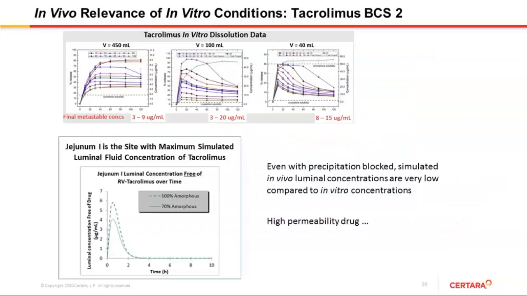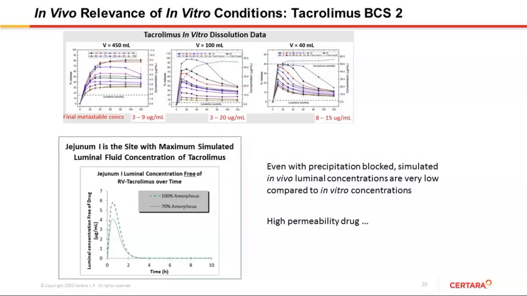We also looked at the relevance of in vitro experiments here in terms of concentration. So we ran simulations with precipitation blocked, where you expect to get the maximum concentration of dissolved tacrolimus in the system. And we found that this would be in the jejunum 1 of the GI tract.